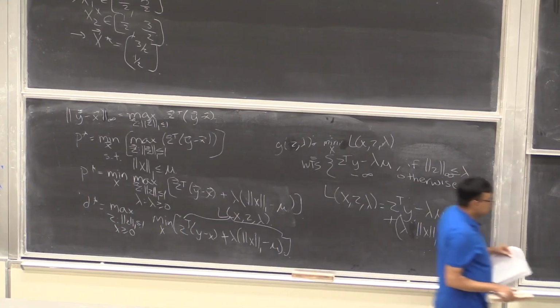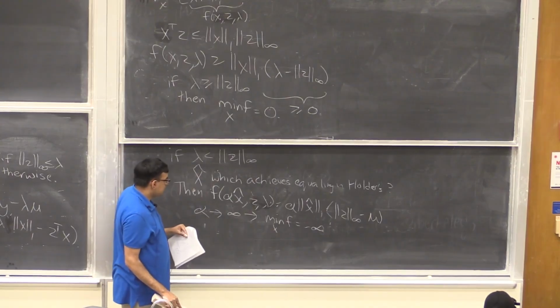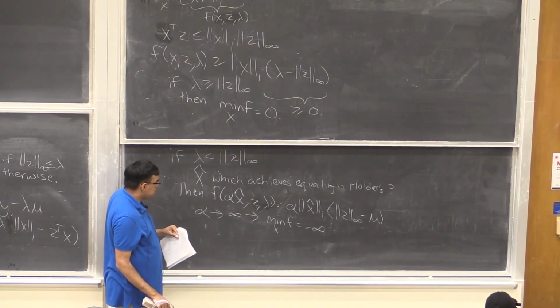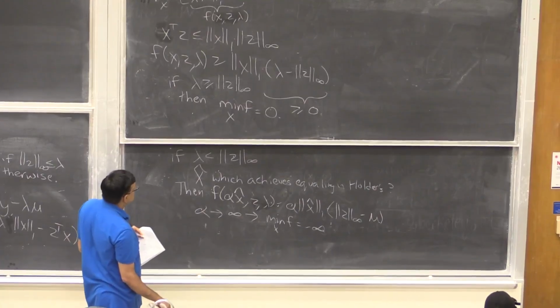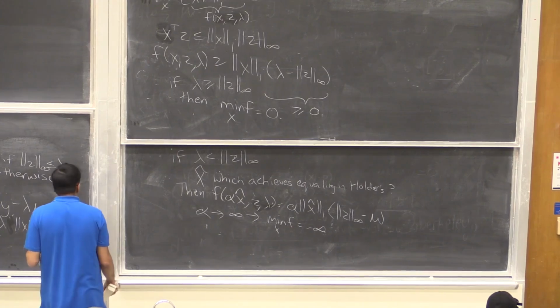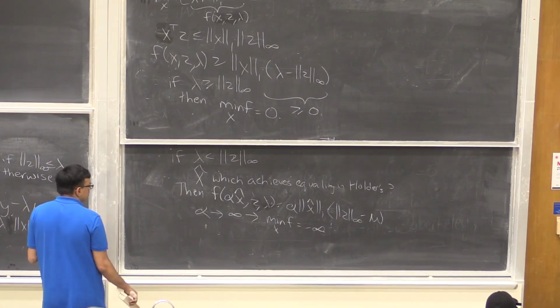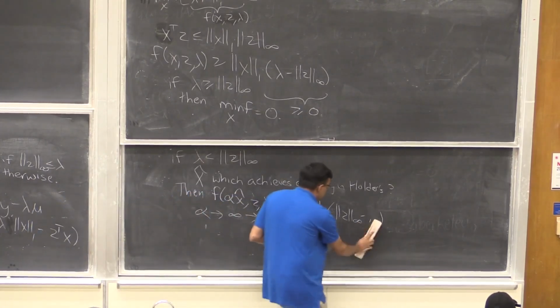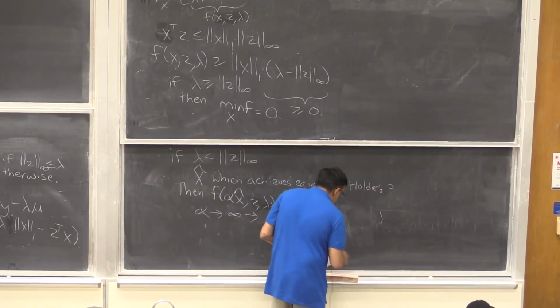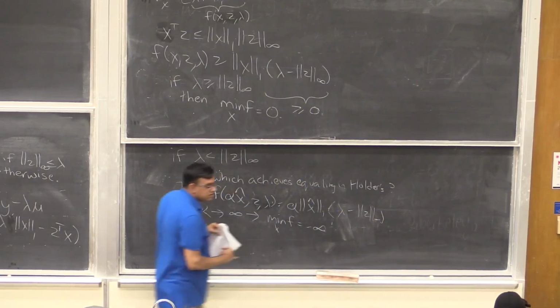Where is it? Sorry, this is lambda minus infinity norm of z. My bad. Okay, and by assumption, that thing is negative.